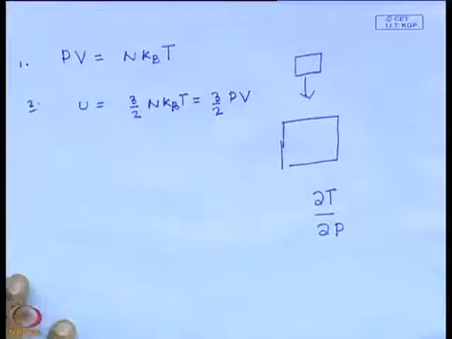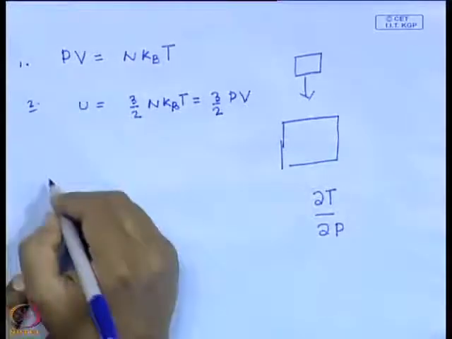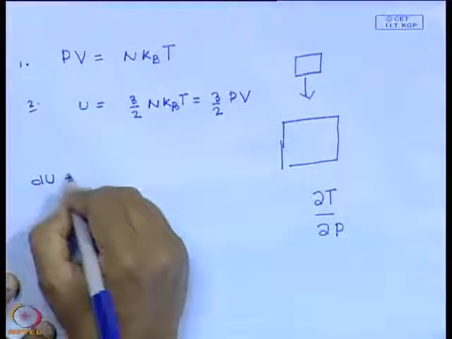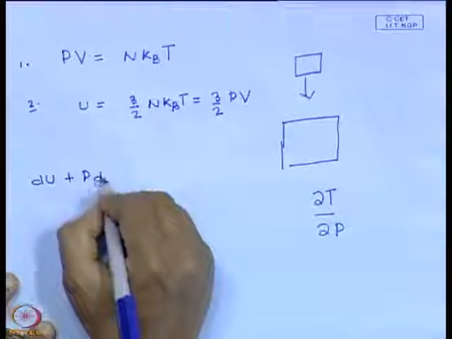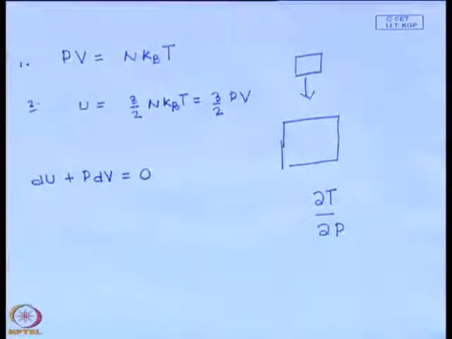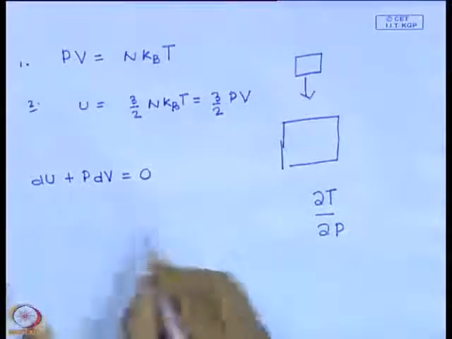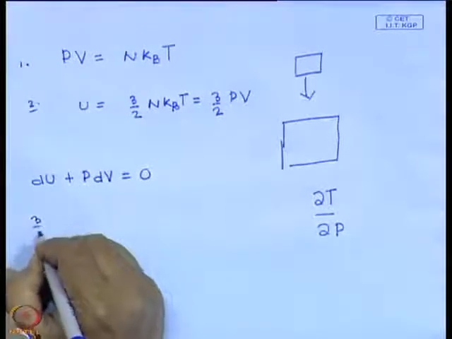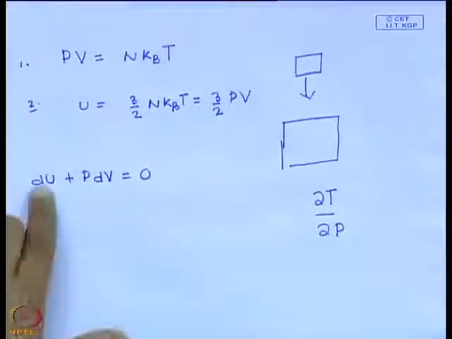Now, for an adiabatic process, applying the first law of thermodynamics, dU plus PdV is 0. Which can now be written as 3/2, and here we will have two terms.